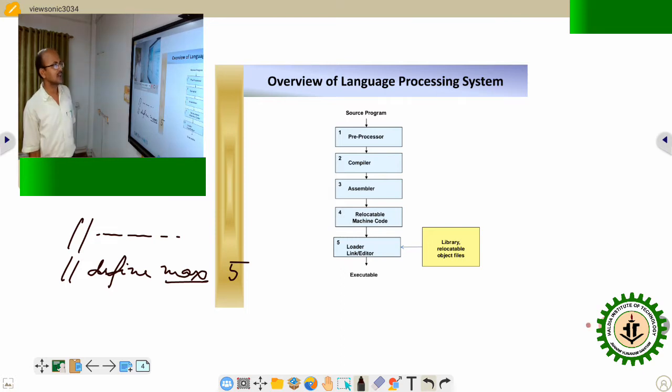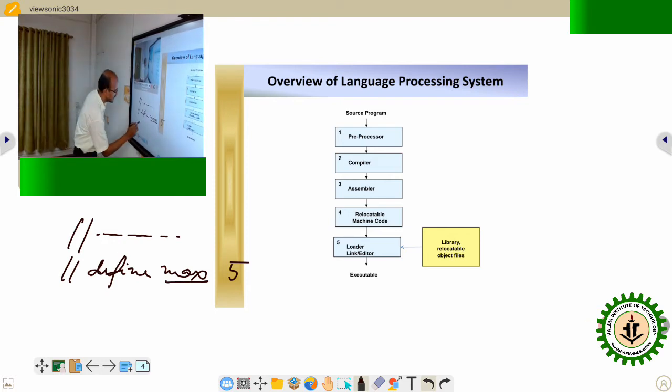Now after pre-processing is done, your comments are removed and your macro has been substituted. Now the compiler takes the role of translating the high level program into assembly code. What is assembly? Assembly means some types of mnemonics. Say we want to move one data, the symbolic name is move.